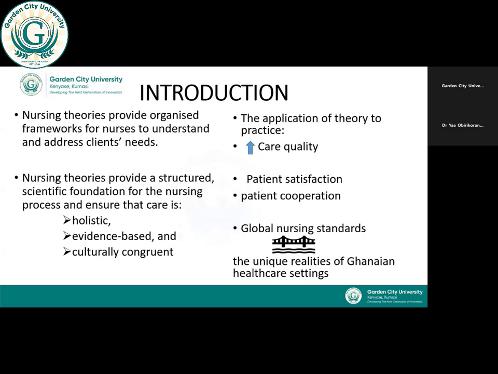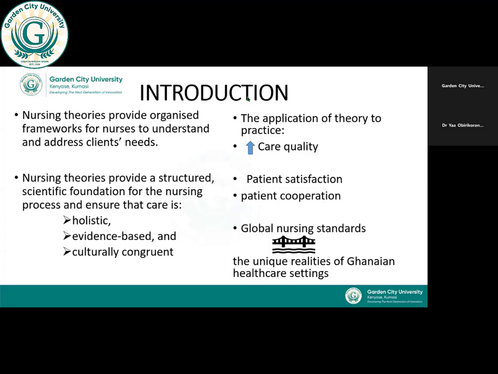So, the application of the theory to nursing practice will help us to care for our patients. The quality of care that we give to our patients would improve. As the care improves, patient satisfaction and patient cooperation also improves because you are meeting that person's individualized needs.